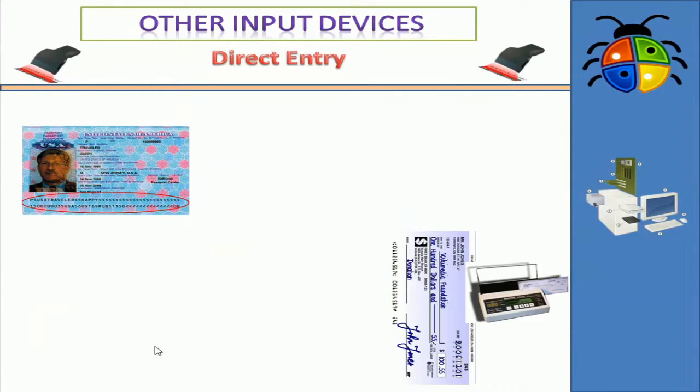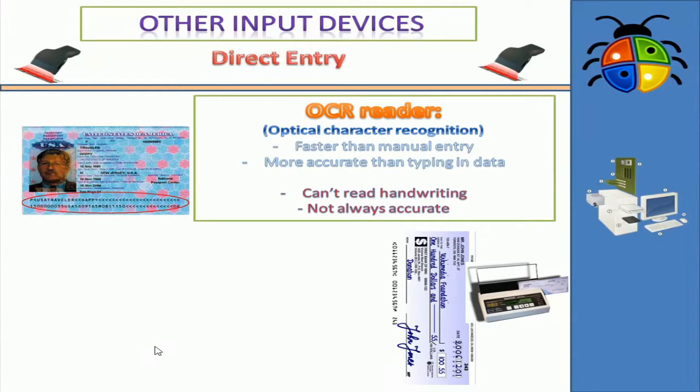Okay. So the other one that we just mentioned was optical character recognition, or optical character reader as well. So you have a reader that reads these things in. Now, an optical character reader is really just a scanner that uses optical character recognition.